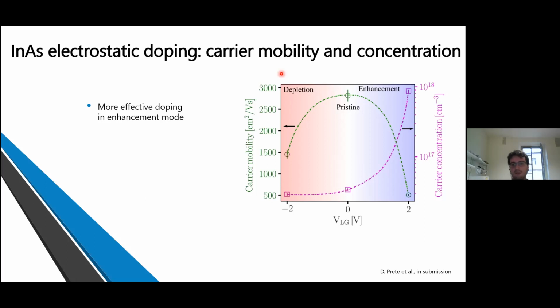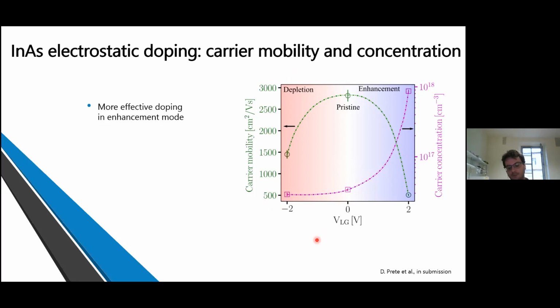Indeed, there are two orders of magnitude separating the carrier concentration in the enhancement mode from the pristine regime, rather than less than a factor 10, which exists between the carrier concentration in the depleted electrostatic doping regime and the pristine regime.